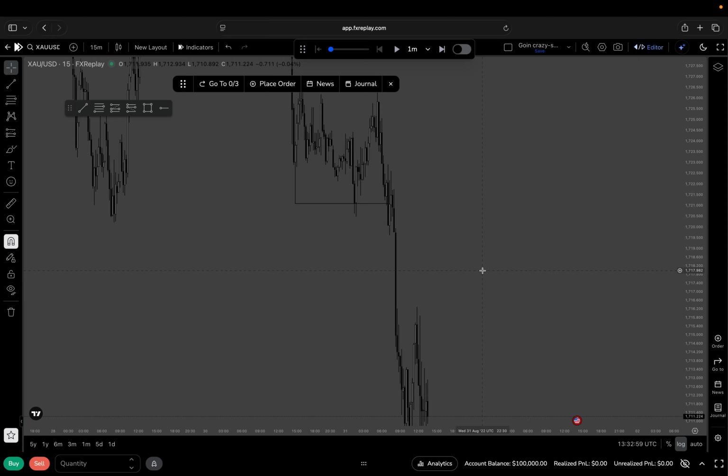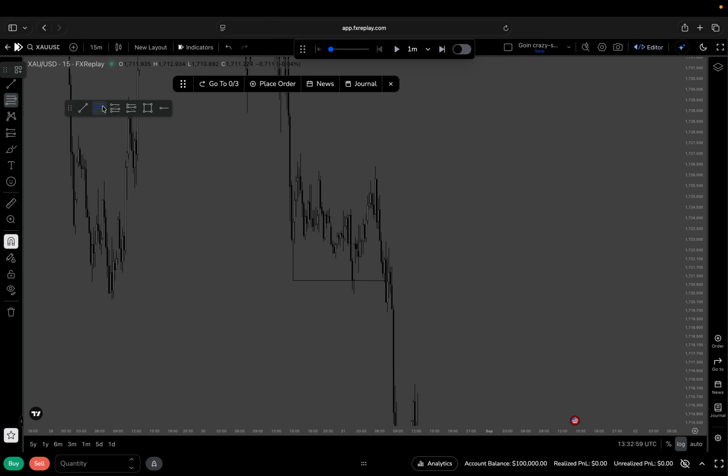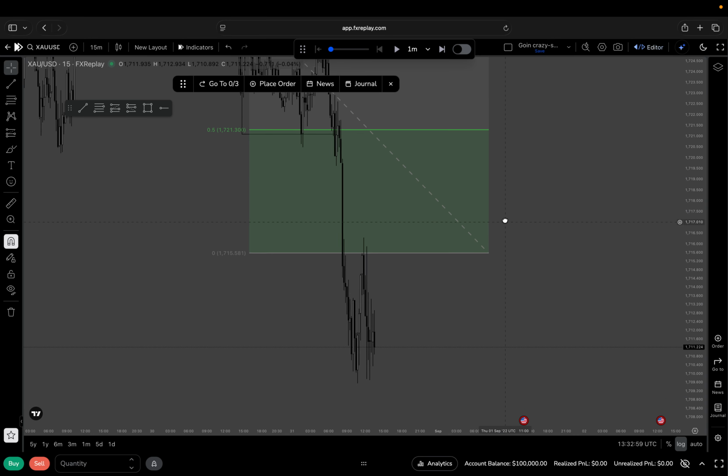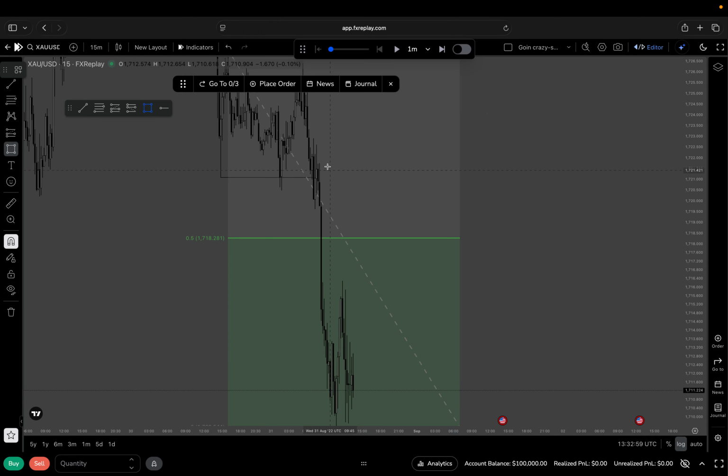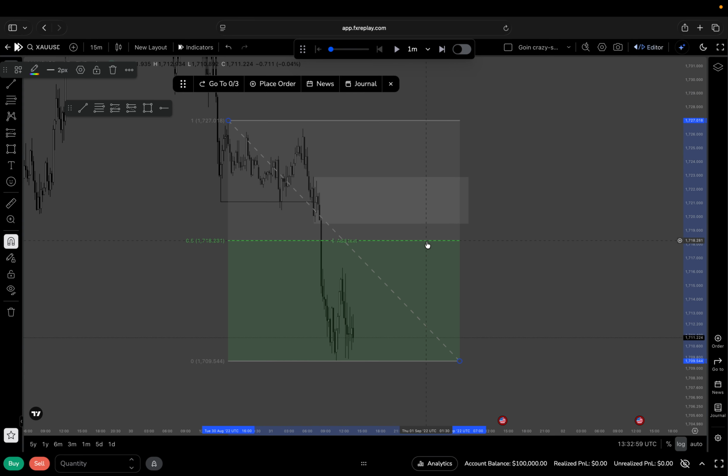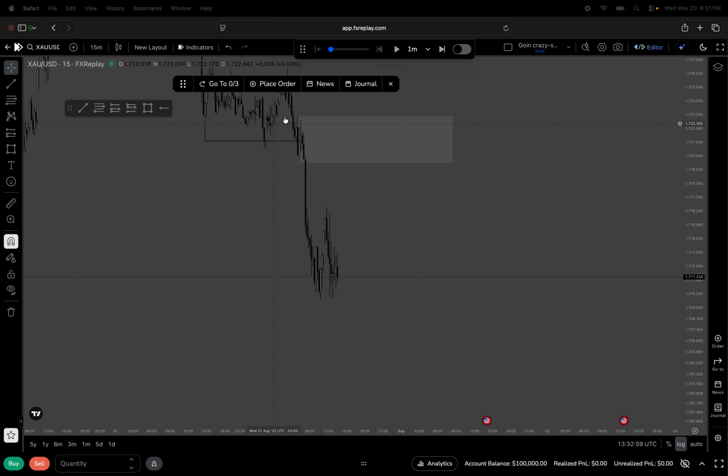Let's mark out our equilibrium for our dealing range for the day. The highest point down to where we made this low. So our first point where we want price to reach is this area here, up in premium, sorry. But price could always make a new range, so let's see if price wants to do that.